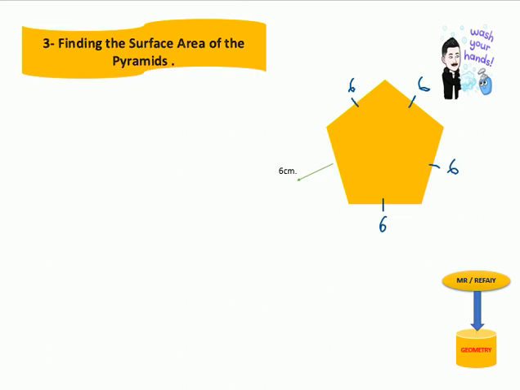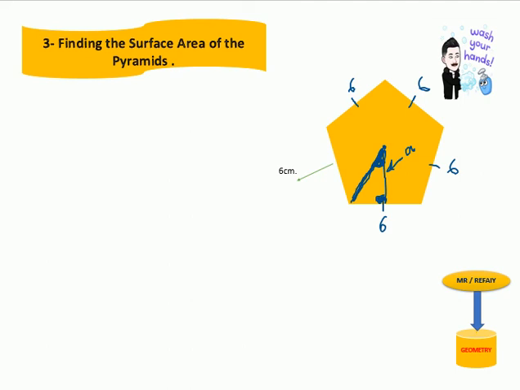Okay, after that, what you have to do here, we have to draw a perpendicular from the center of the regular pentagon to the midpoint of the base, and we can complete it as a right angle triangle by this rule. Okay, and we have to get the measure of this angle. Why? Because we are going to use trigonometric function to get the length of the apothem here, A.